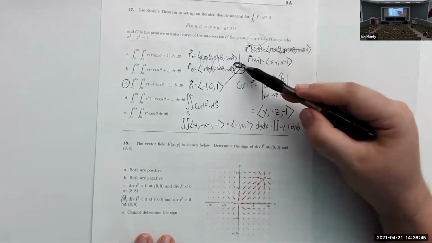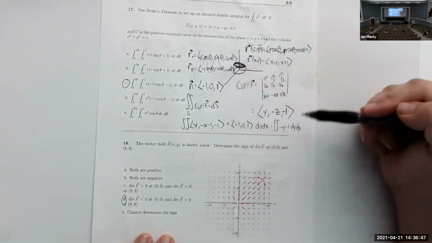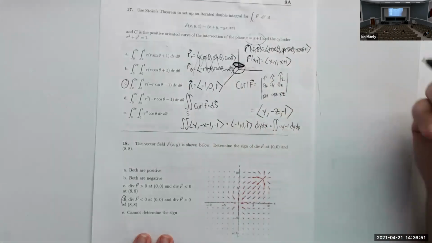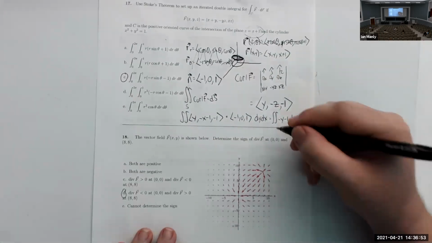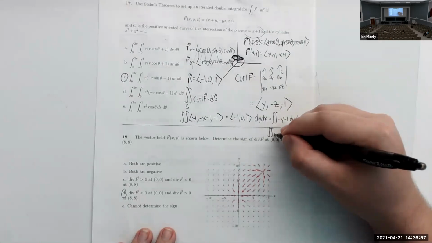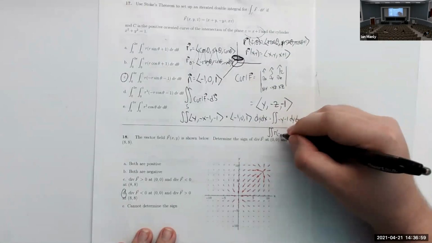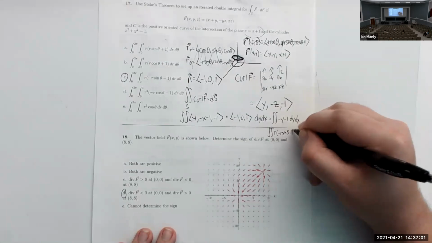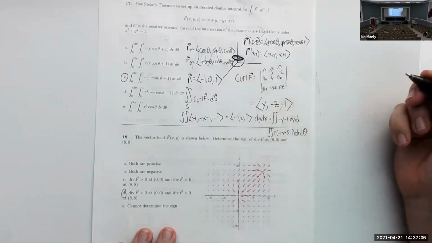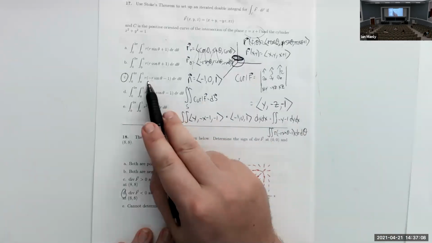Because this is a circular region, it's more natural to use polar coordinates, and it's also required because all the answer choices are that way. So if we turn this into polar coordinates, we have an extra r, and y is negative r sine theta minus 1, dr d theta. It seems like only one of the answer choices has that integrand.